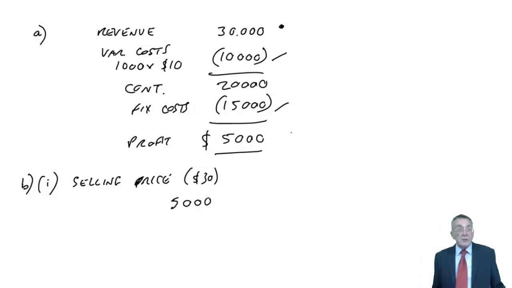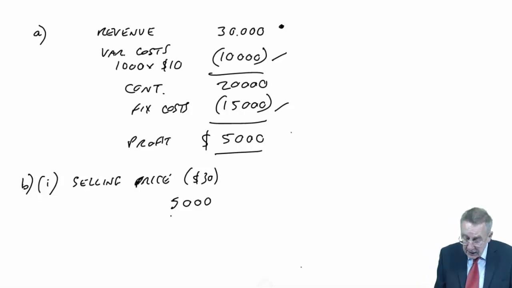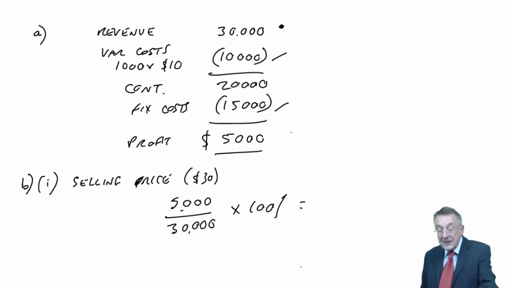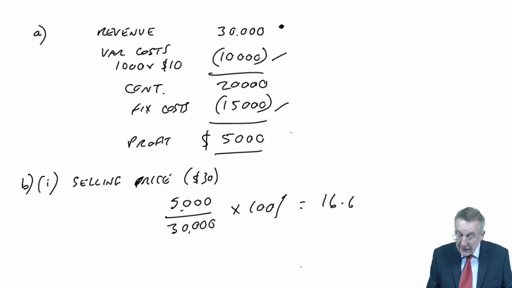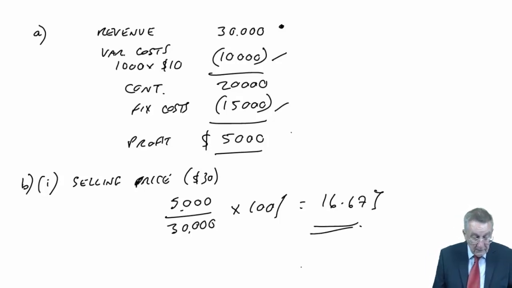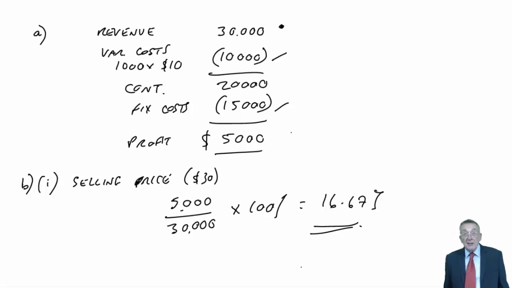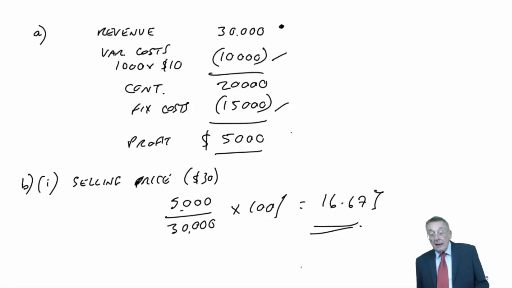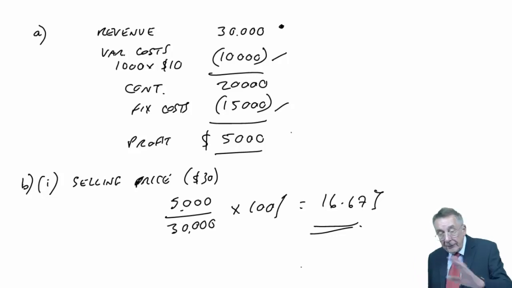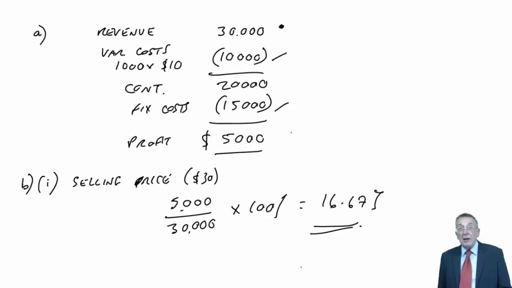But on its own, is 5,000 a big fall or a little fall? We do it in percentage terms. We can afford it to fall by 5 on an existing 30, which is 16.67%. So there is the sensitivity. If it falls by any less than 16.67%, we'll be profitable and it's still worthwhile.